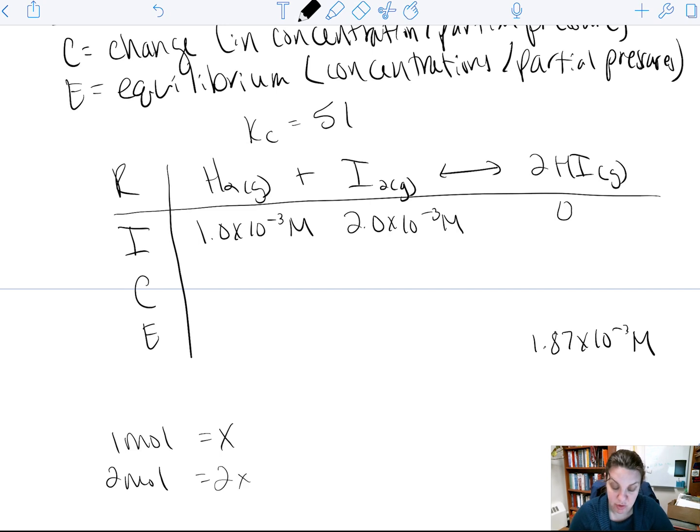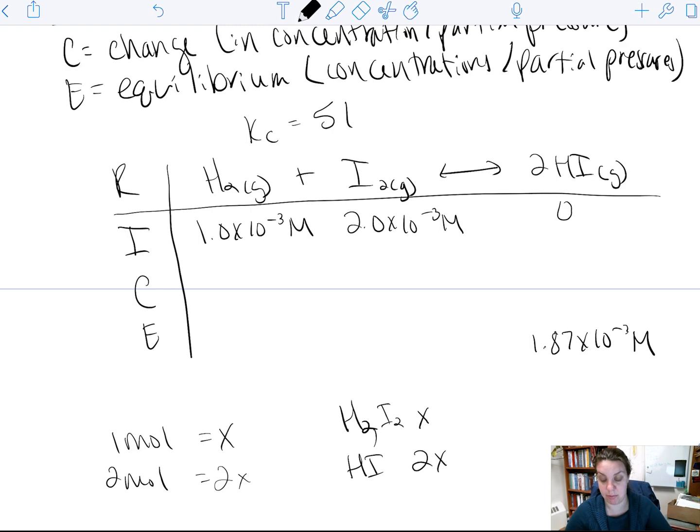We either add or subtract depending on our stoichiometry. So in this case, H2 has 1 as a stoichiometric coefficient, so we're going to use x. Same thing with I2. But our HI has a 2 as a stoichiometric coefficient, so we'd use 2x.